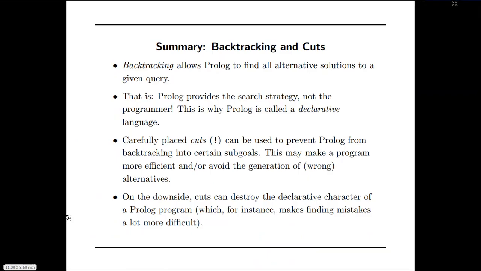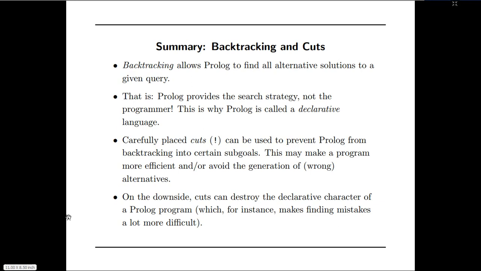So to summarize, Prolog programming basically uses backtracking. Backtracking allows Prolog to find all alternative solutions to a given query. That is, Prolog provides the search strategy, not the programmer. This is why Prolog is called a declarative language. That means it mainly focuses on the task execution.